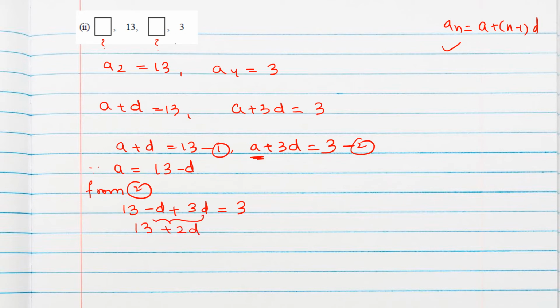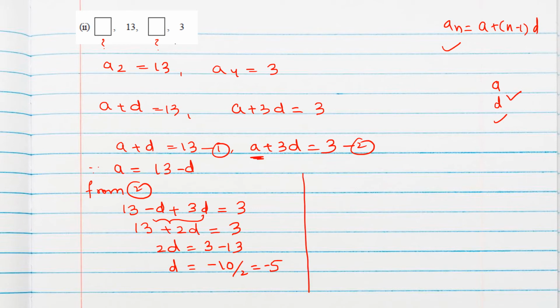Why am I doing this method? Because if we know a and d, we can find any term. Okay, so it's better that from the given terms you find the values of a and d, and you can find any other term using the values of a and d. So 2d will be 3 minus 13. So d will be minus 10 by 2, that is minus 5.